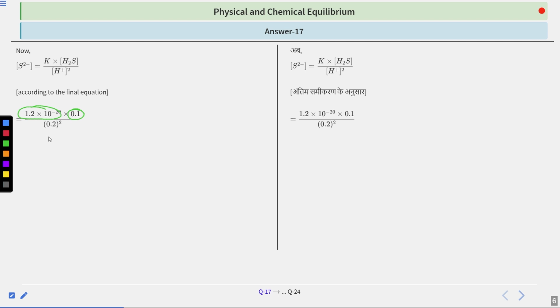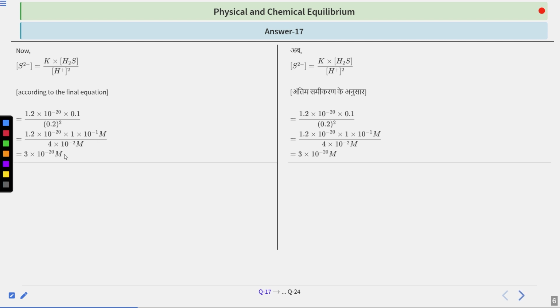Therefore, we are taking the contribution from HCl only for H plus. So this puts here 0.2 whole square. Now, if we solve it further, 1.2 into 10 to the power minus 20, 1.10 into 10 to the power minus 1, and 4 into 10 to the power minus 2 from here. Further, if we solve it, we get the answer as 3 into 10 to the power minus 20 molar.